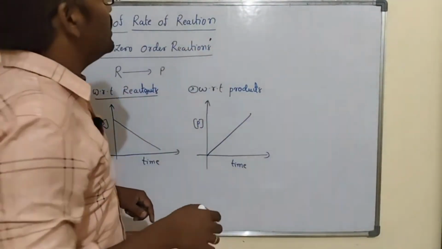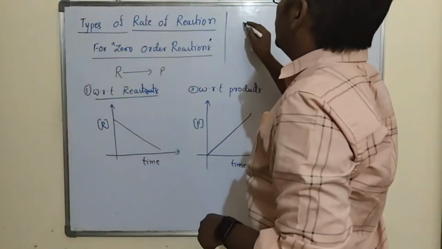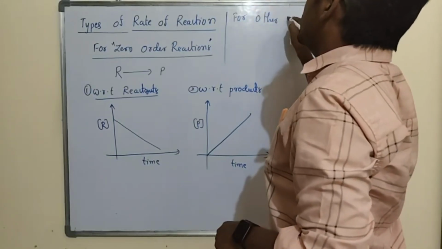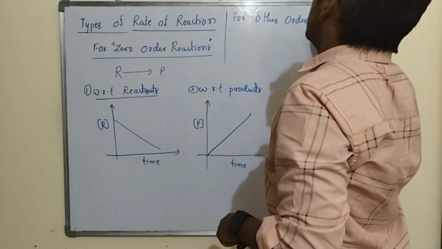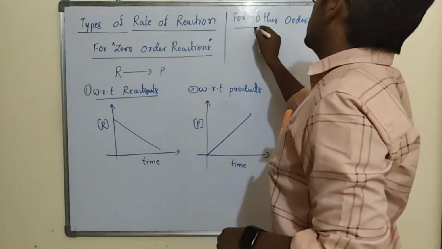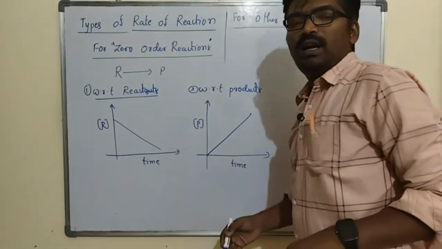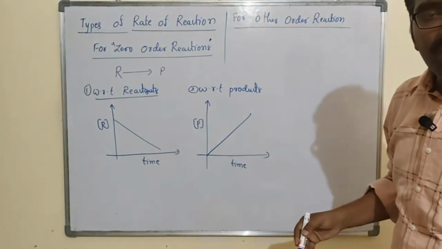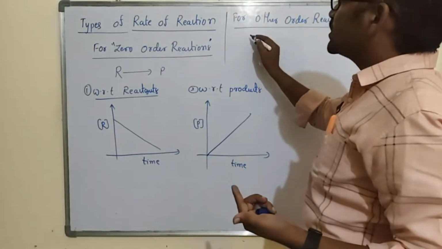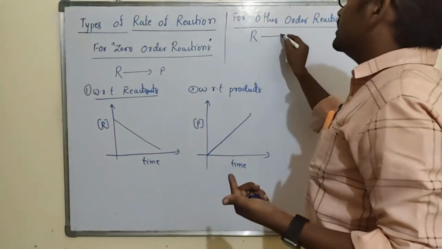For other order reactions, look at other order reactions, nothing but first order, second order, third order, all these reactions, it is exponentially decreasing or exponentially increasing.